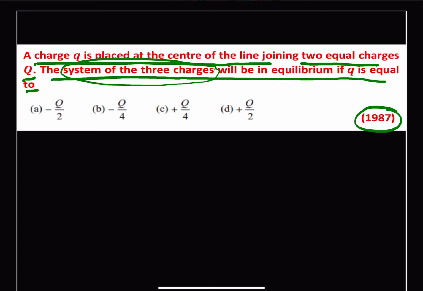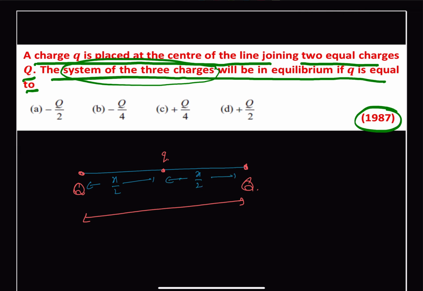We have three charges, and the two extreme charges are capital Q and capital Q, and at the center a small q charge is placed. So if x is the distance between the two capital Q charges, then at the center the distances will be x by 2 and x by 2.